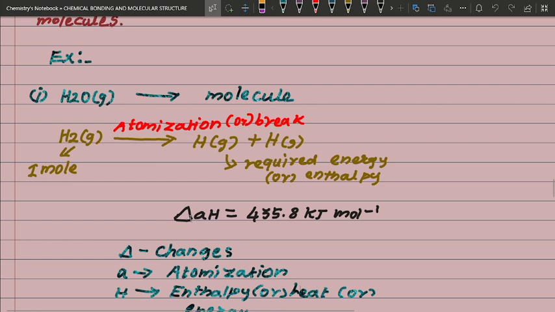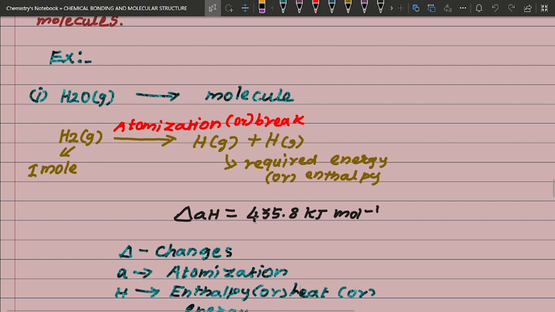Here delta means change, A means atomization, and H is enthalpy, heat or energy. Please keep it in mind: ΔaH is atomization enthalpy.